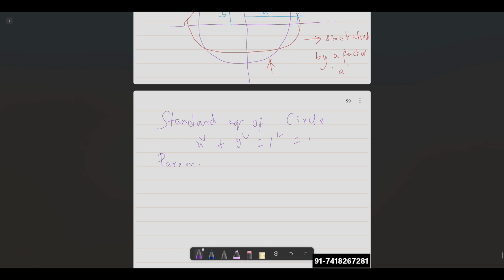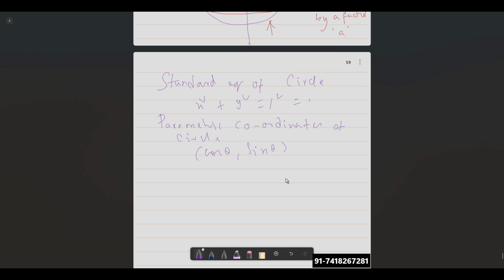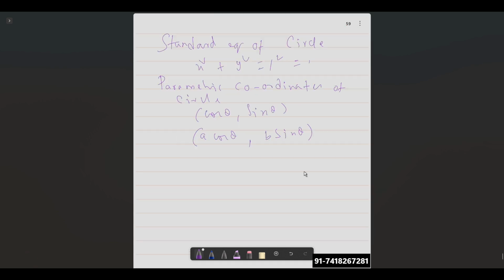The parametric coordinates of the circle are cos theta and sin theta. These are the parametric coordinates of this circle. We have seen there is a stretch and squeezing by factors a and b. So we'll include a cos theta and b sin theta here. This is stretched by a units and this is squashed by b units. So this is your parametric coordinates. We'll see whether it satisfies our equation. Our equation is x square by a square plus y square by b square is equal to 1.